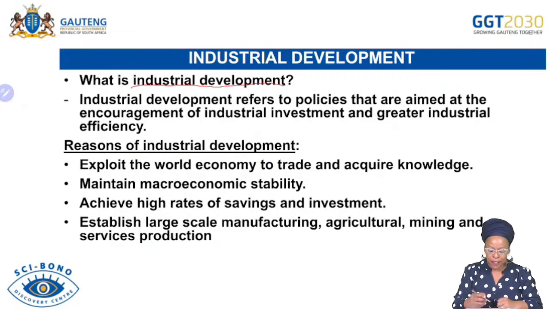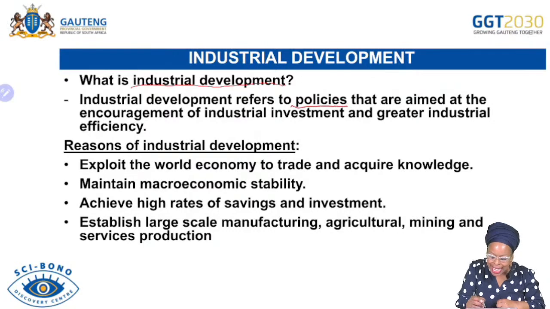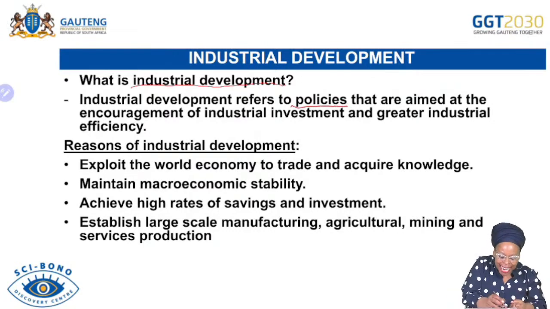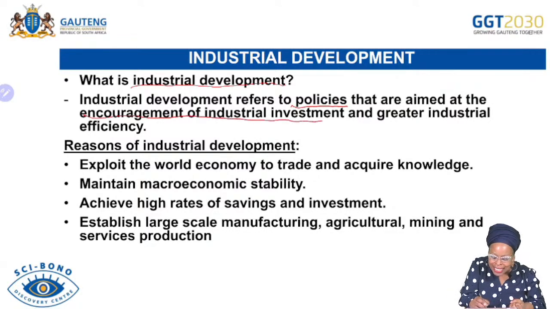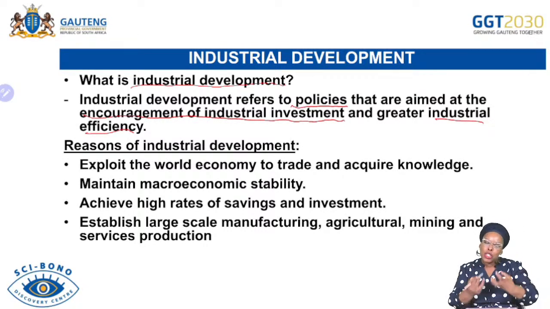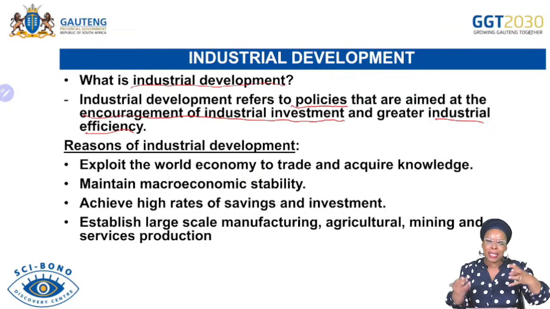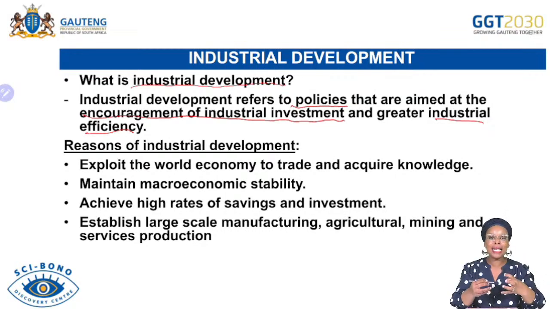Industrial development refers to policies that are aimed at encouragement of industrial investment and industrial efficiency. You need to know the key concept in a particular terminology so that it will help you to remember.